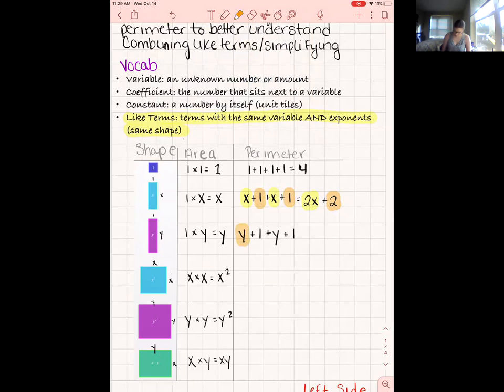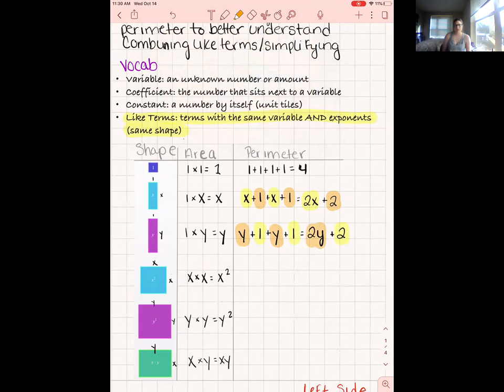I've got a y and a y. That's the same variable. So that's going to be 2y. We can combine those to say 2y. And I've got a 1 and a 1 that can be combined. We know 1 plus 1 is 2. And so there's where the 2 comes from.